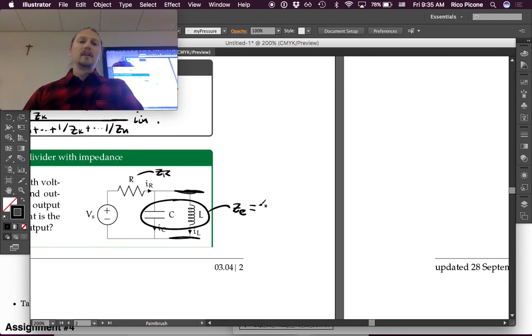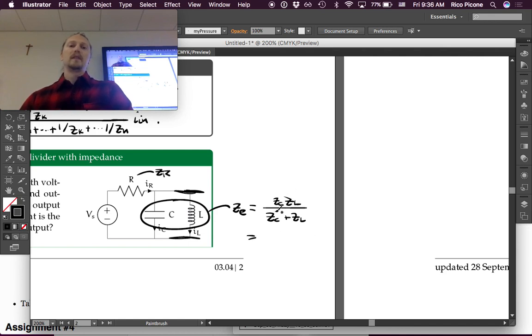So ZE is going to be equal to, what is the impedance of the capacitor? We can use the parallel formula, right? So we need to multiply the impedance of these two in the numerator and then add them in the denominator. That's the parallel formula. I'll just write it ZC ZL divided by ZC plus ZL.